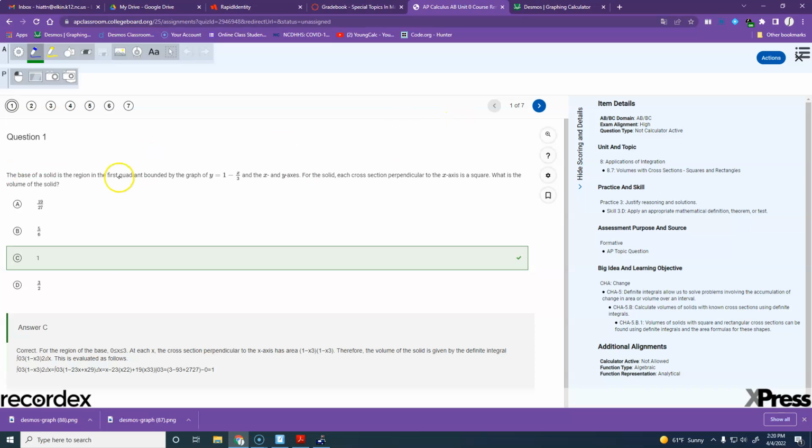For this one, the base of a solid is the region in the first quadrant, bounded by the graph of this and the y-axis. So y equals 1 minus x over 3 is like y equals 1/3 x. If you graph that, because this was not calculator active, you have a y-intercept at 1, and then your slope is down 1 to the right, 1, 2, 3.